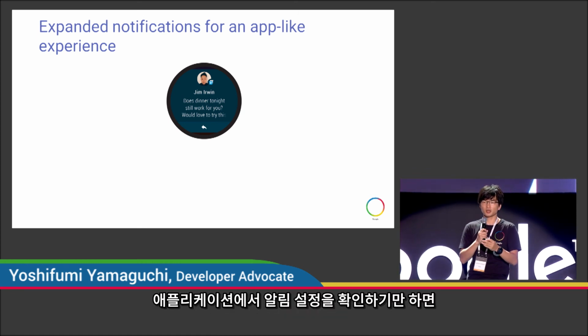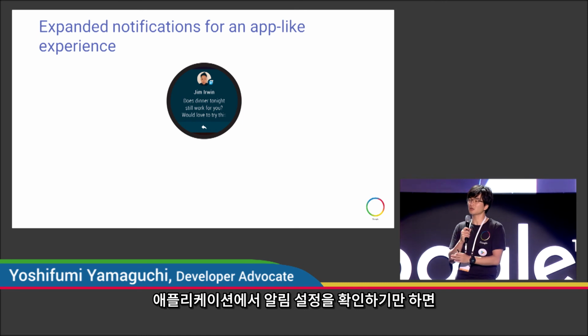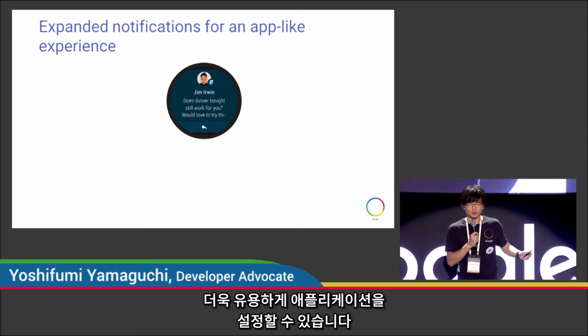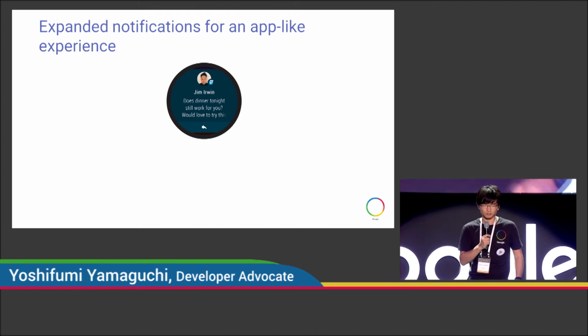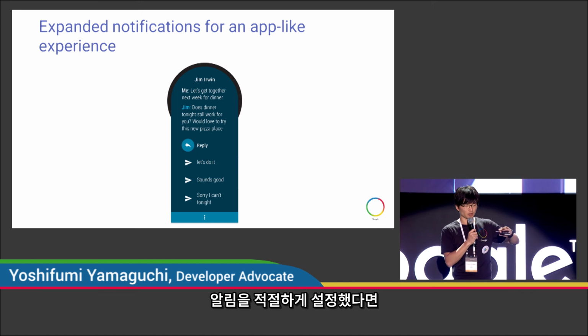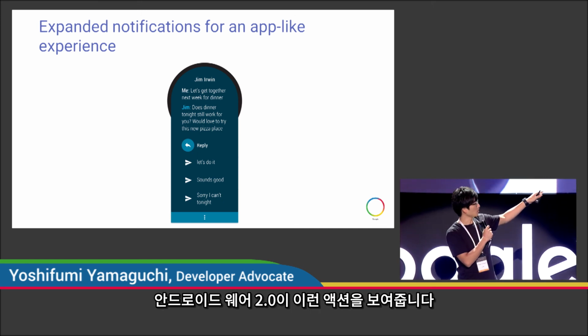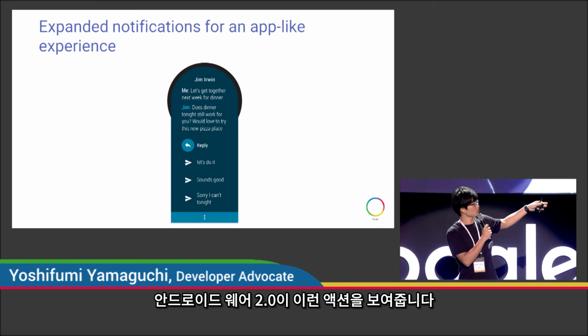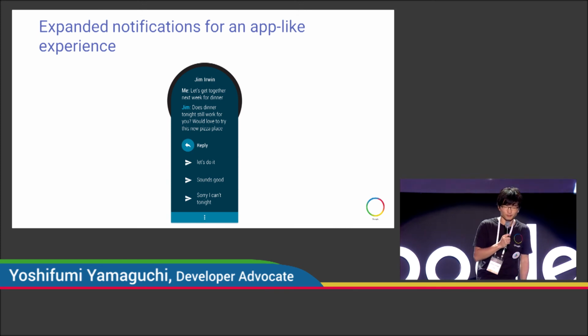So just check your notification settings in the application, and then your application gets more useful on Android Wear 2.0. Like this. So if you set the correct notification settings, then Android Wear 2.0 notifications show these kinds of actions.